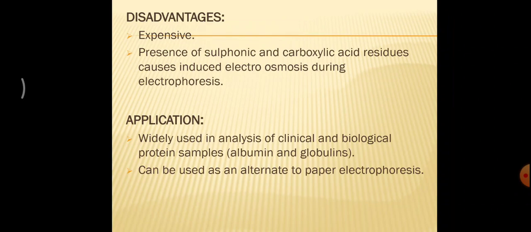These are the disadvantages. It is quite expensive, and the presence of sulfonic and carboxylic acid residues causes induced electroosmosis during the process. Now where can it be applied? It is widely used in the analysis of clinical and biological protein samples, especially albumins and globulins.